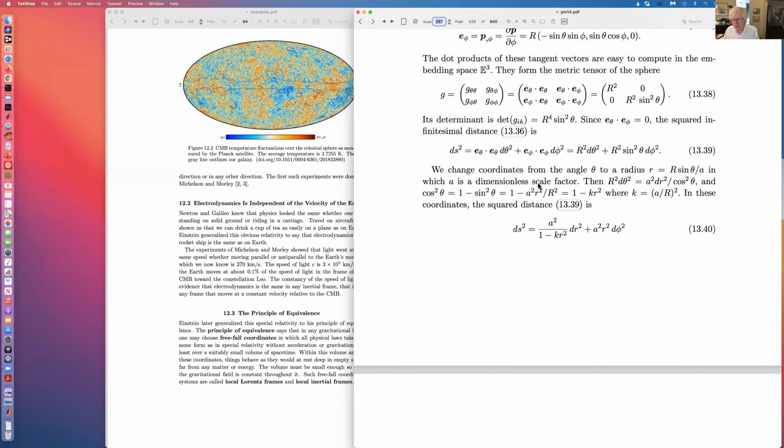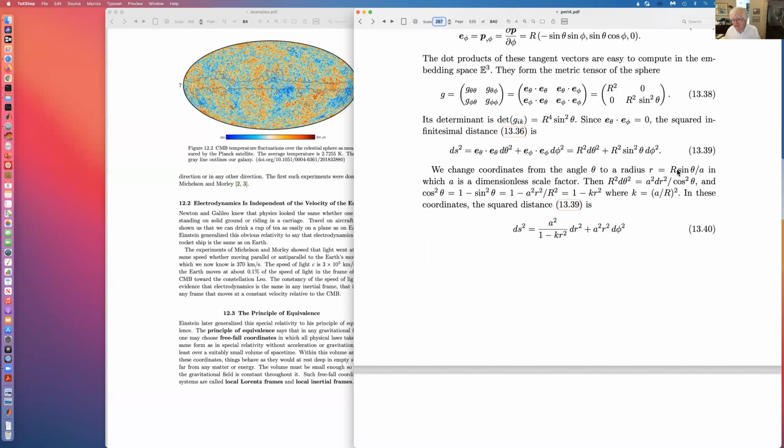Well, what you find out is that r squared d theta squared is a squared dr squared over cosine squared of theta. And cosine squared of theta is, of course, 1 minus sine squared.